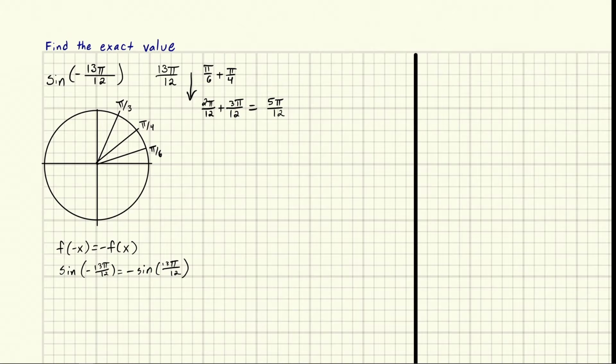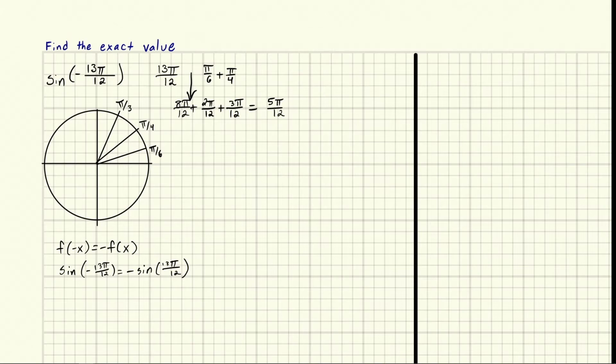We need 13 pi. And so to get to 13, we need an additional 8 pi over 12. So if we add an 8 pi over 12, we will get what we want here.